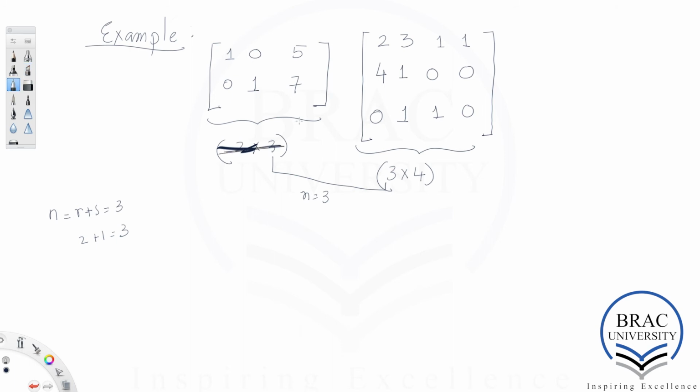So just the column number I can write it as, this is going to be our partition. So this is 2 plus 1, and this is going to be the other partition, right? This is also 2 plus 1, right? This partition.